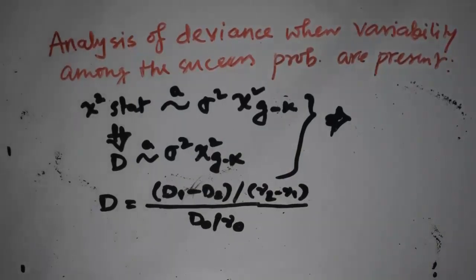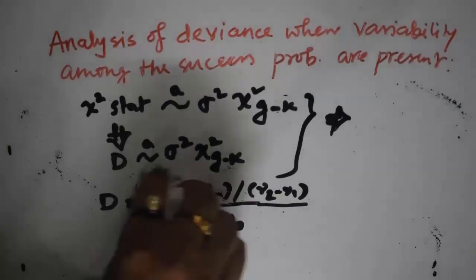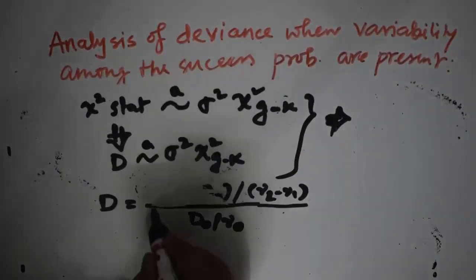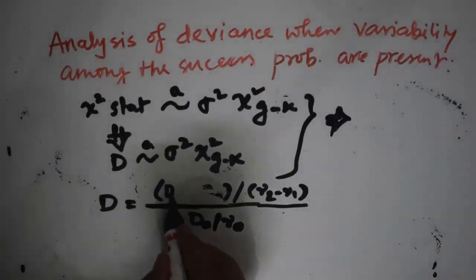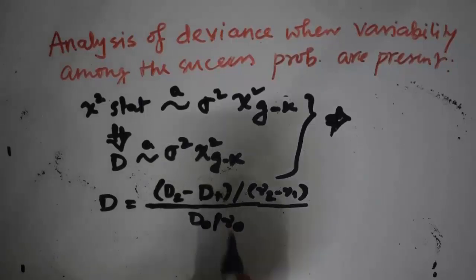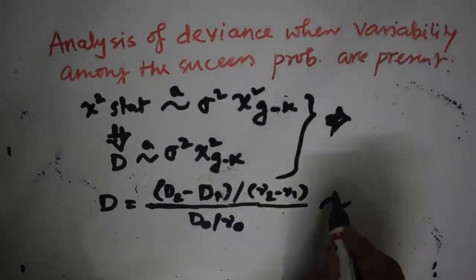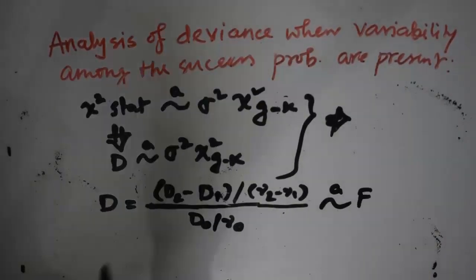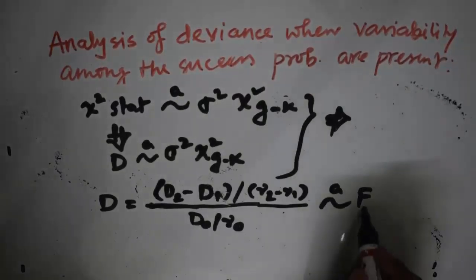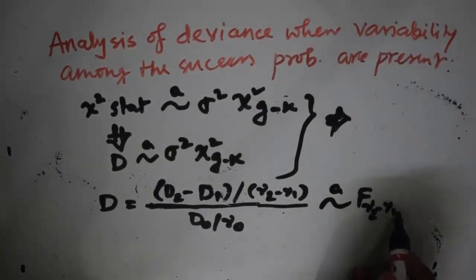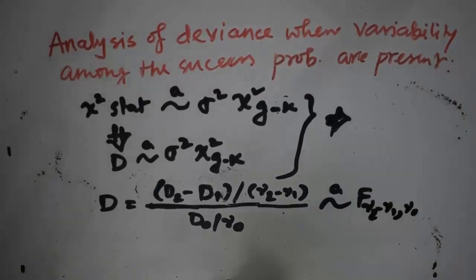I think it should be d2 minus d1. Sorry, this should be d2 minus d1 by gamma 2 minus gamma 1 divided by d naught by gamma naught. This follows asymptotically F distribution with degrees of freedom gamma 2 minus gamma 1 comma gamma naught.